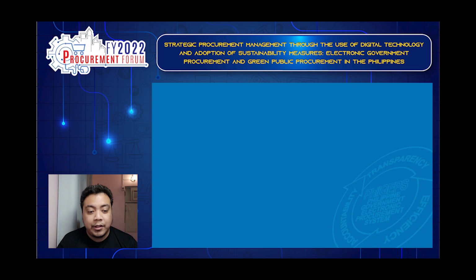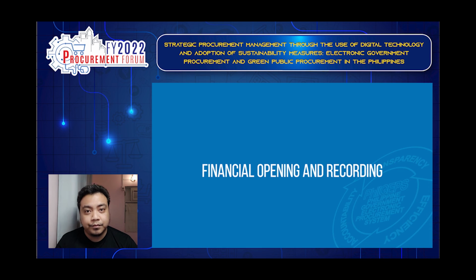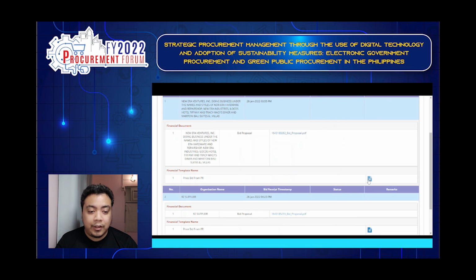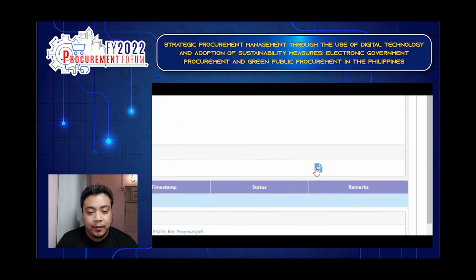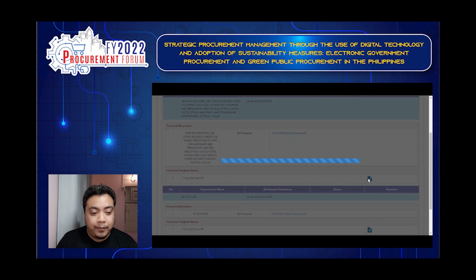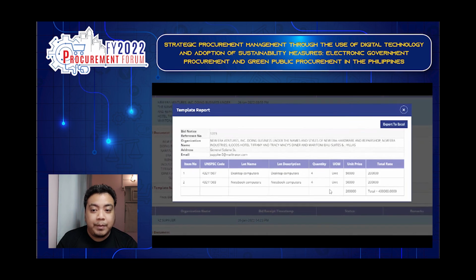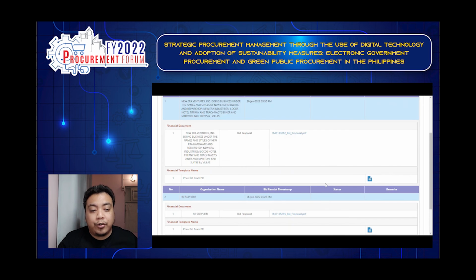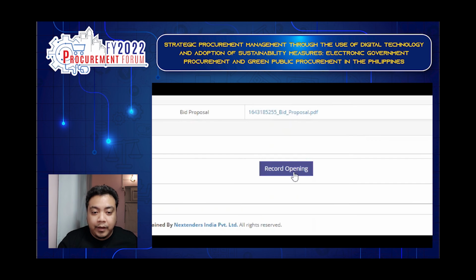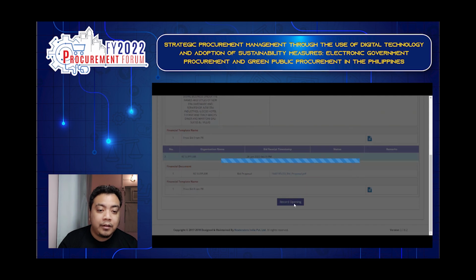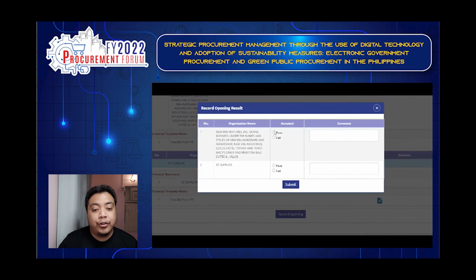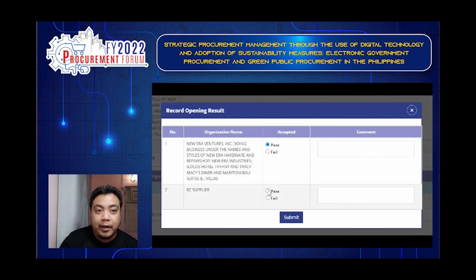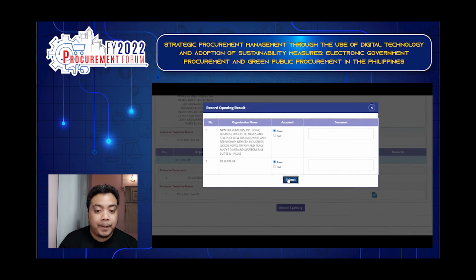So sa financial opening and recording natin, so just click the file icon, and then yan yung magiging yung submitted financial requirement. So click the record opening, and then again kung pass or fail ba yung mga merchants natin.